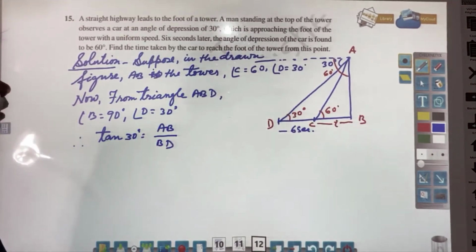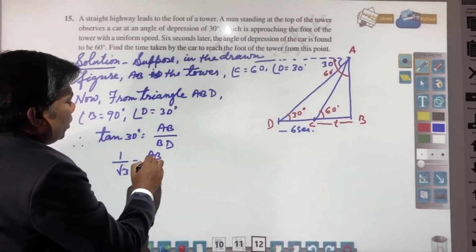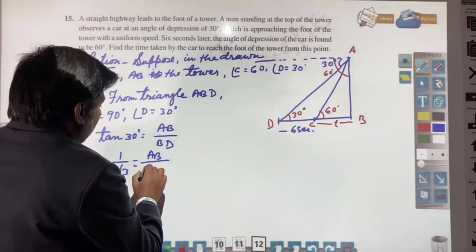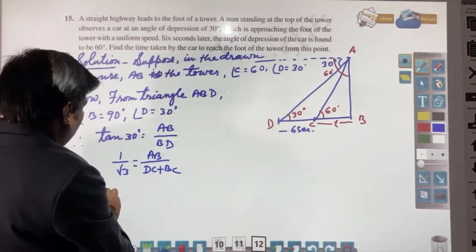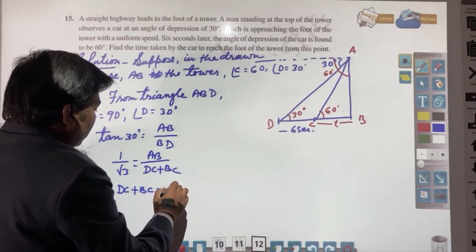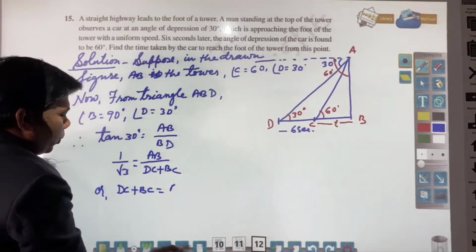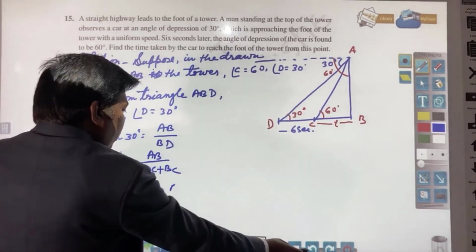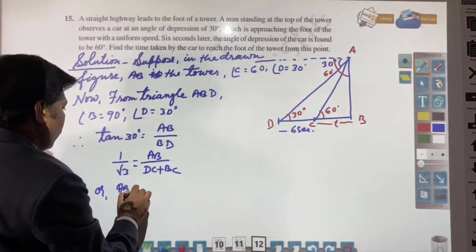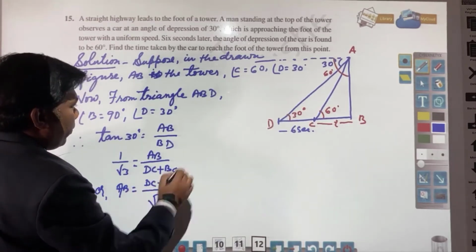And tan 30 is equal to 1 by root 3, and that is equal to AB by BD. BD can be written as DC plus BC. So root 3 AB will be equal to DC plus BC, or AB will be equal to DC plus BC by root 3.